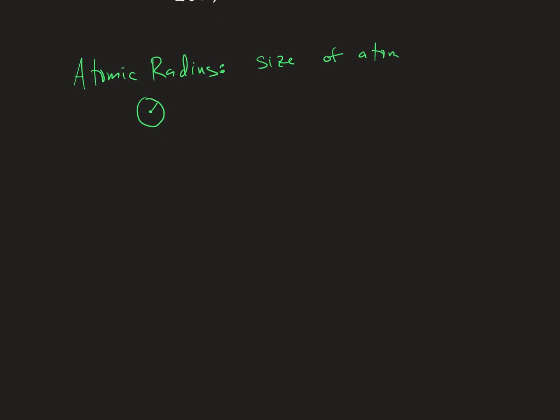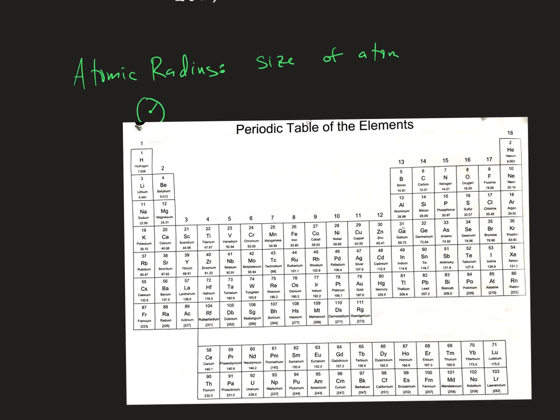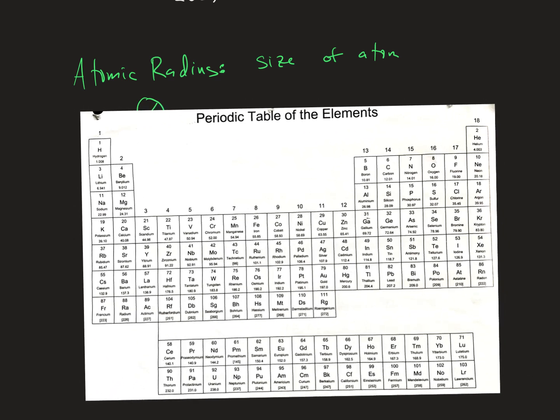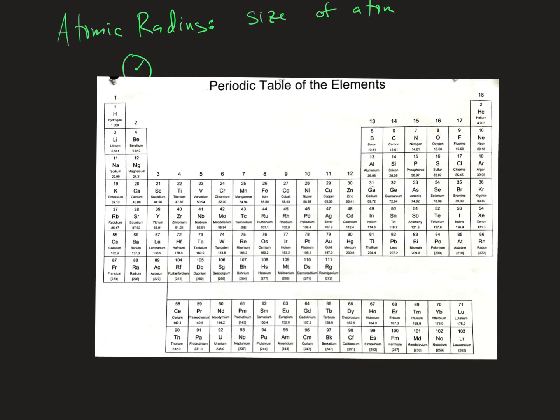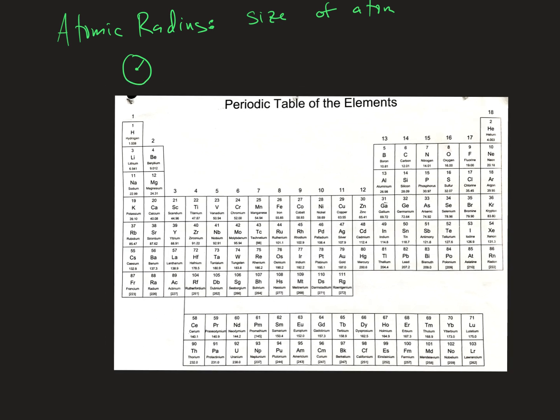So let's take a look at this trend. I'm going to pull up a periodic table here. As we go from, let's say, top to bottom, what happens to the atomic radius, would you guess?